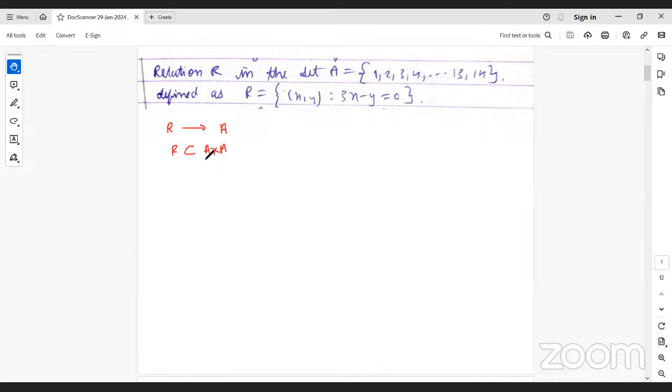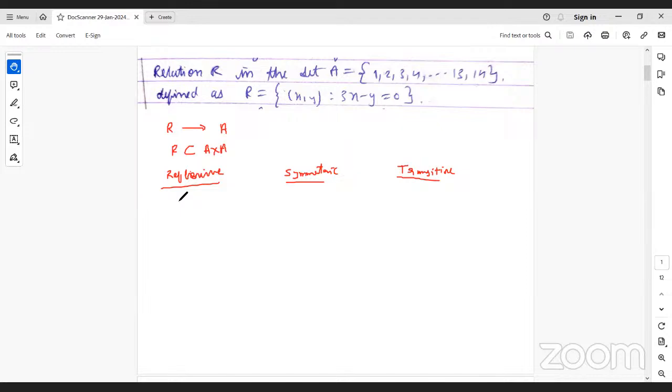So we need to check whether the relation is reflexive, whether it is symmetric, and whether it is transitive.